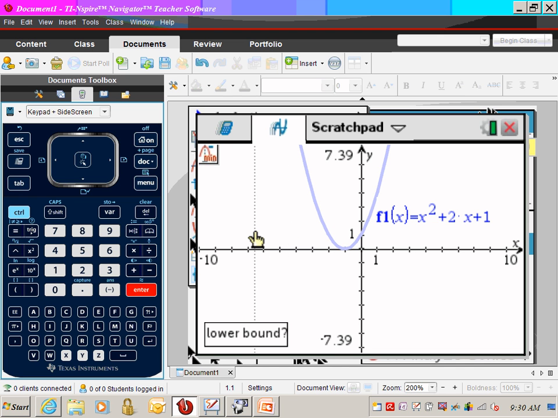You can move it side to side with your cursor, right? It's asking you for the lower bound. All you want to do is you want to start off on the left side, put that dotted line on the left side, and then you're going to hit this little middle click button. So move it over there, and then pick your finger up and hit the click button once.